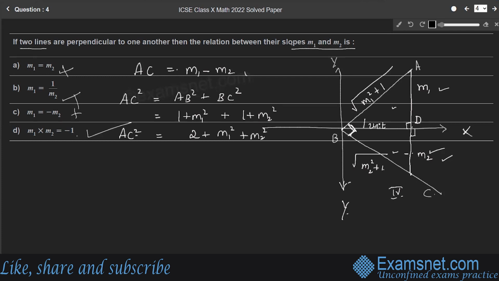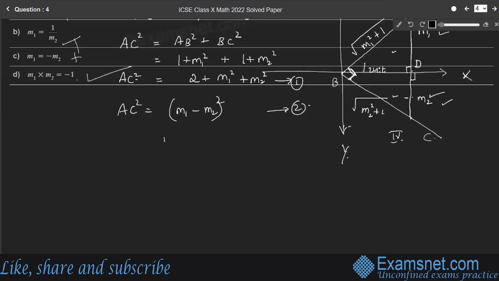Here AC is M1 minus M2. We'll consider AC square, M1 minus M2 the whole square. So we can equate 1 and 2. So 2 plus M1 square plus M2 square is equal to M1 minus M2 whole square, which is M1 square plus M2 square minus 2 M1 M2, as A minus B whole square.